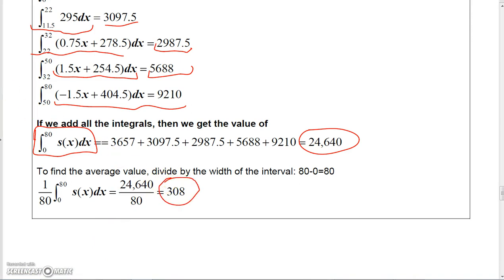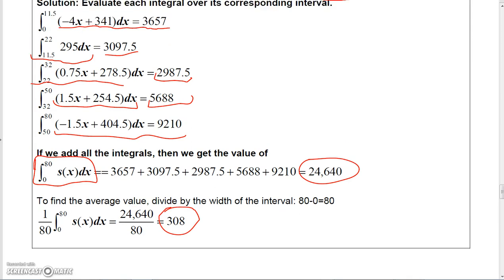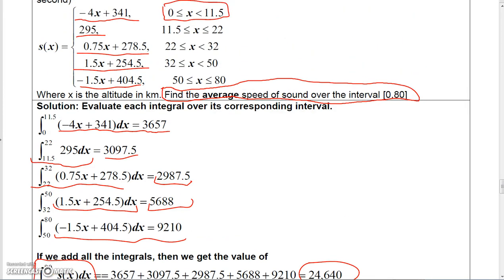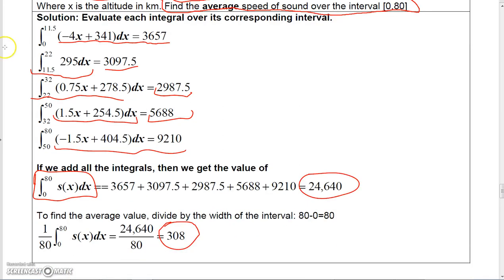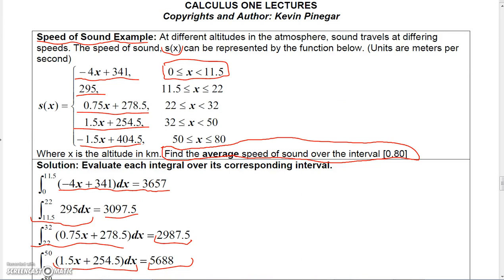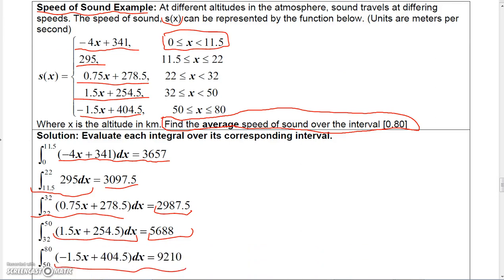And so the average value of the speed of sound over the altitude 0 to 80 kilometers is about 308 meters per second.